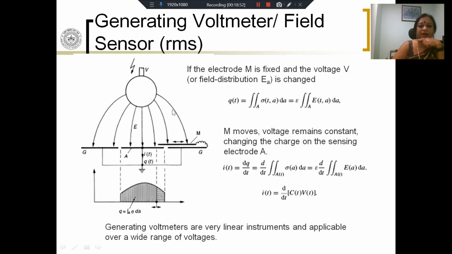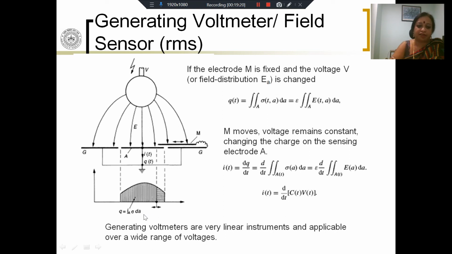If you change the voltage V, the charge Q on this A will change. And because A is grounded, that small change in charge will result in a current I flowing from the electrode A to the ground.